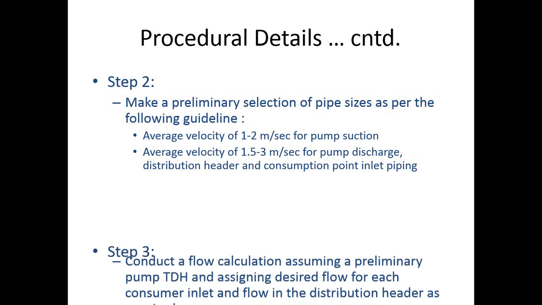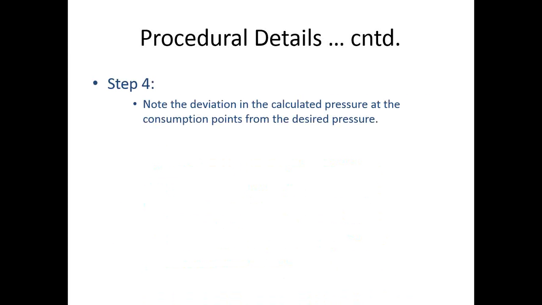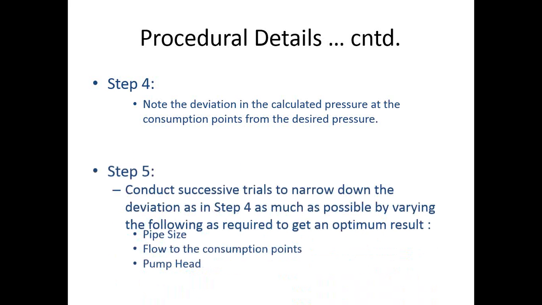Step 3 would be to conduct a flow calculation assuming a preliminary pump TDH and assigning desired flow for each consumer inlet and flow in the distribution header as required. The fourth step would be to note the deviation in the calculated pressure at the consumption point from the desired pressure.